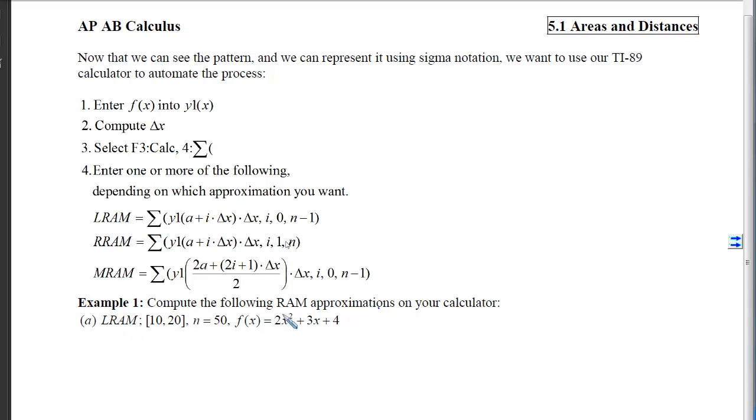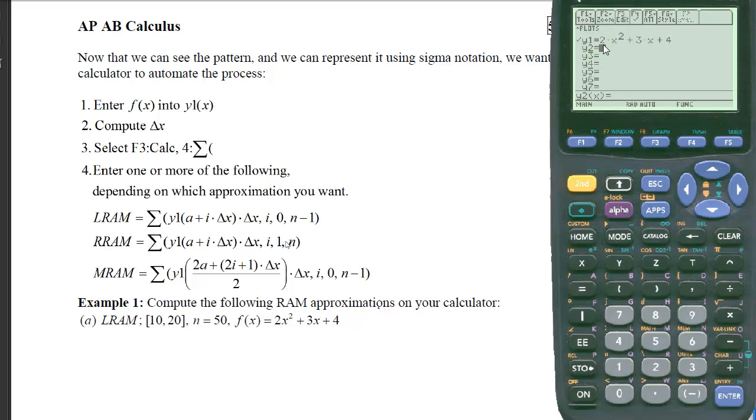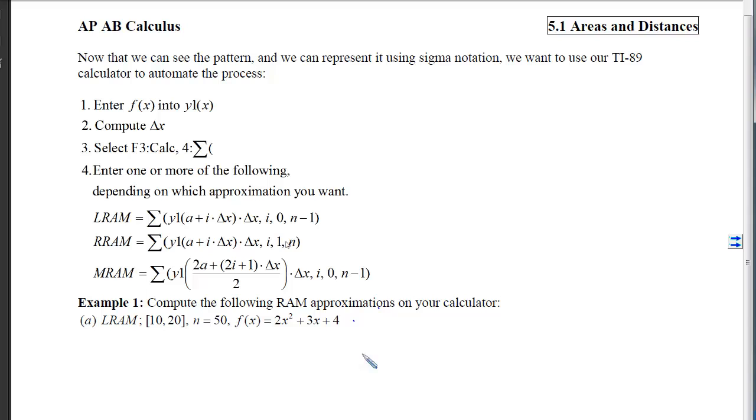We want to compute LRAM on the interval from 10 to 20 when n equals 50, and this is our given function. So our first step is to put this f of x into our calculator, which you can see I have done here. 2x squared plus 3x plus 4 is stored in y1. Our second step is to compute delta x.